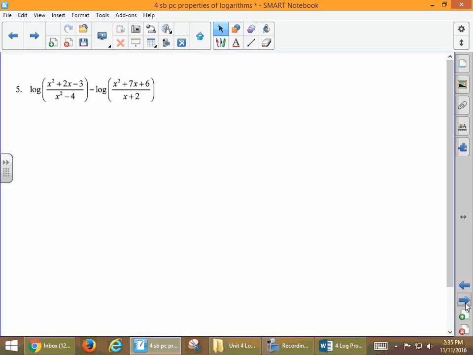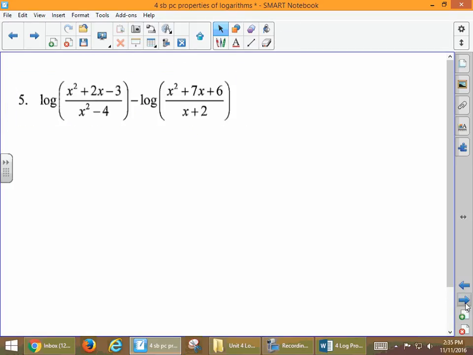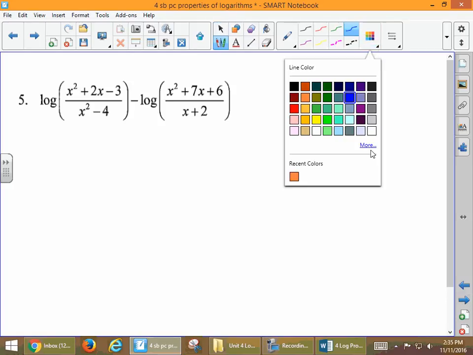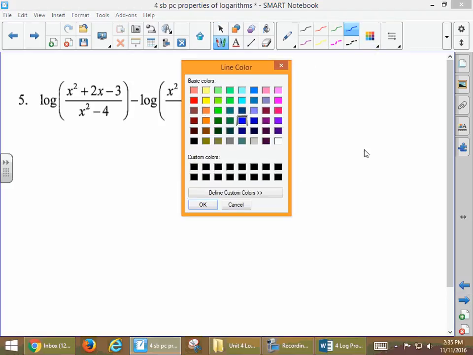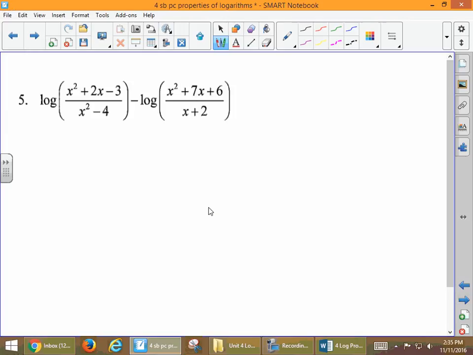As we finish here on our last problem, what I see is values in here that can be factored. So it depends on how you like to approach this. I know that we have the property in there with the minus sign in between the two logarithms. But let's go ahead and factor our expressions here before we actually apply our properties.